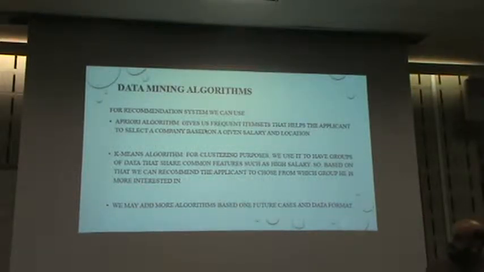With clustering we can recommend based on the cluster, or Apriori algorithms for relationships. We also know one good tool, Mahout, and if we can apply Mahout, it's about big data, and Mahout is good for recommendation systems.